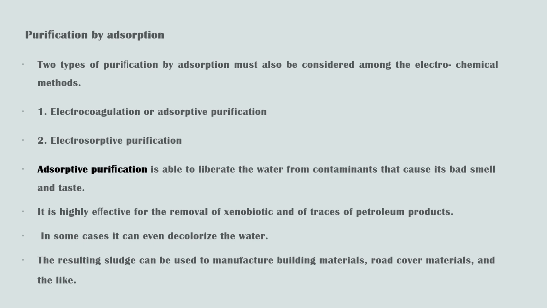It is highly effective for the removal of xenobiotics and some traces of petroleum products. In some cases, it can even decolorize the water. The resulting sludge, which settles at the bottom, can be used for manufacture of building materials and road cover materials.